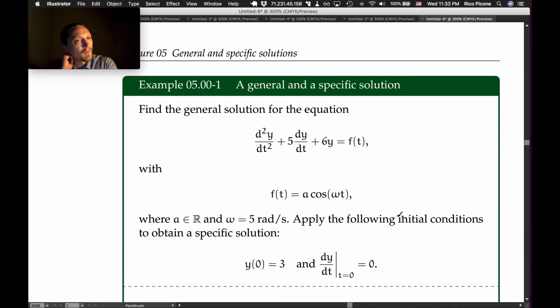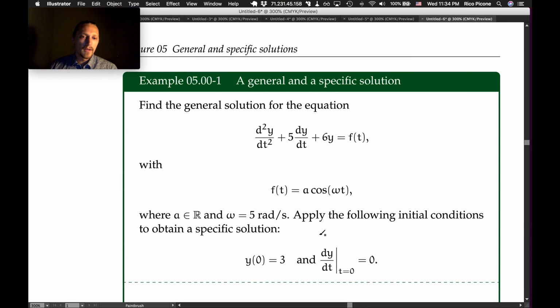So, example 5.1, a general and a specific solution. Find the general solution for the equation. So we have a second order linear ODE with forcing function A cosine omega t, where A is some constant and omega is 5 radians per second.